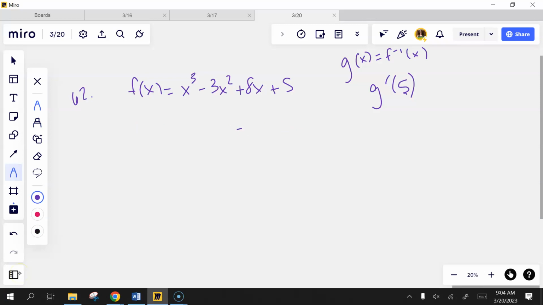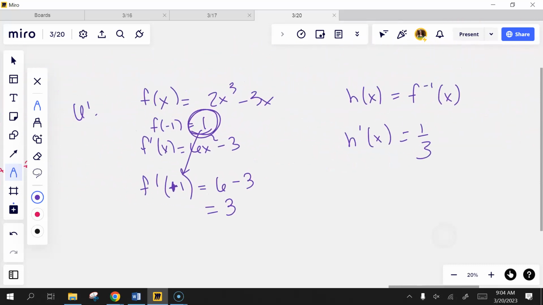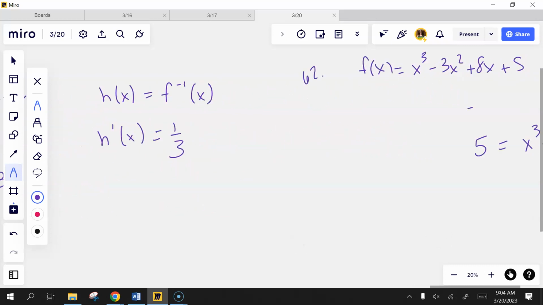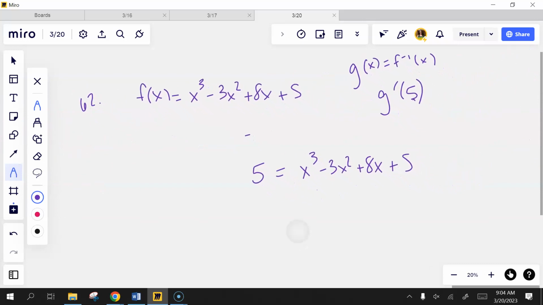Five, right? Where does this equal 5? Didn't work. The math didn't math.